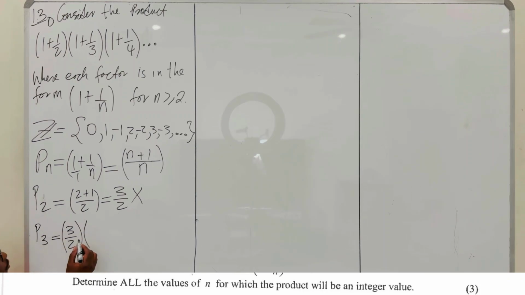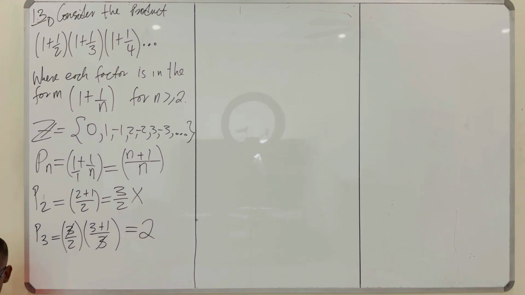The next one is for P3, where you substitute your 3 there. What you have is 3 plus 1 all over 3. What is the answer to this? So this and this go away. This is 4 and this is 2. If you punch all of this into your calculator, you should get 2. Are you happy with that?